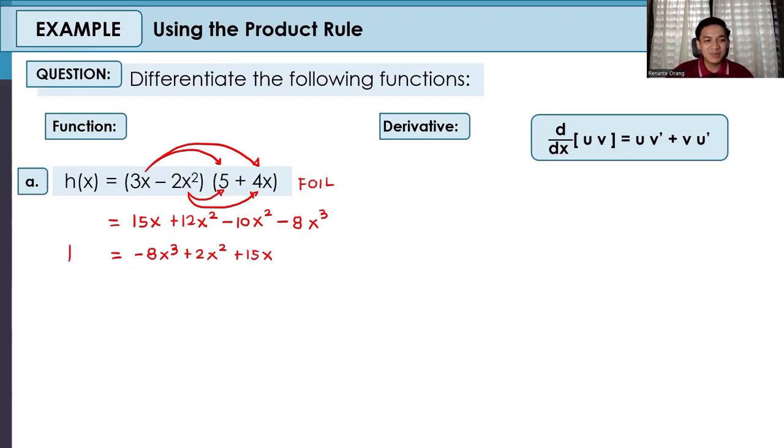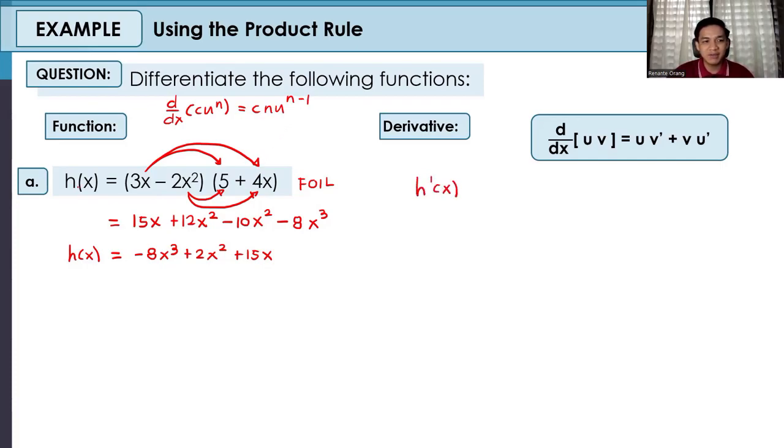So that is our expanded and simplified h of x. Proceed na tayo sa ating differentiating. Most of this, ang gagamitin natin is constant multiple rule. That is the derivative with respect to x of our constant u^n is equivalent to constant n u^(n minus 1). We have h prime of x.